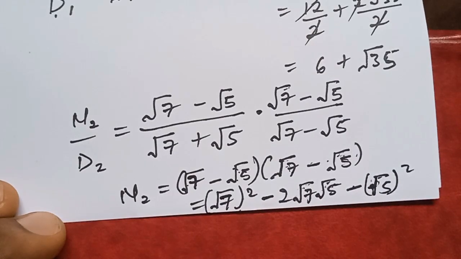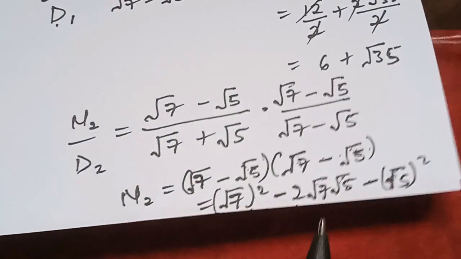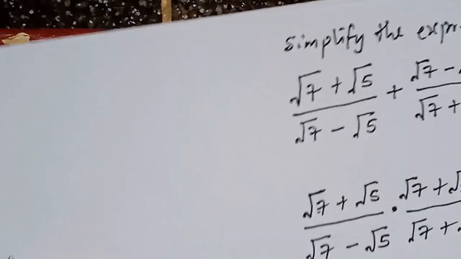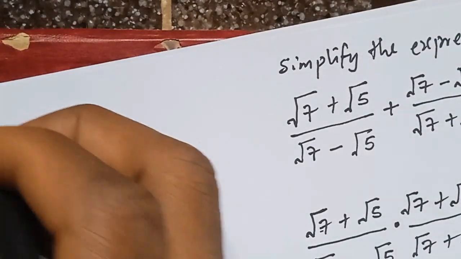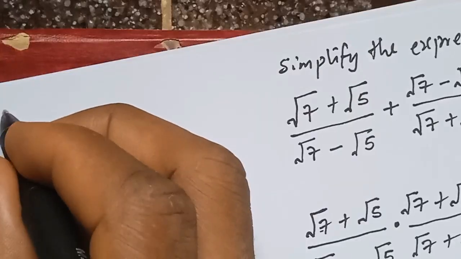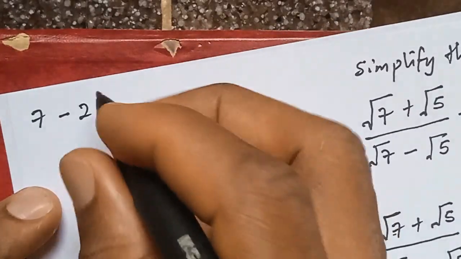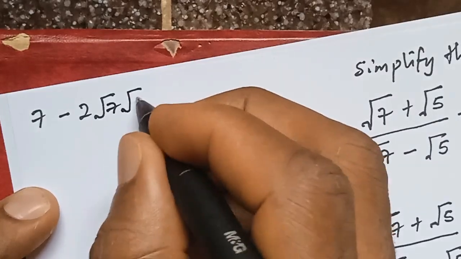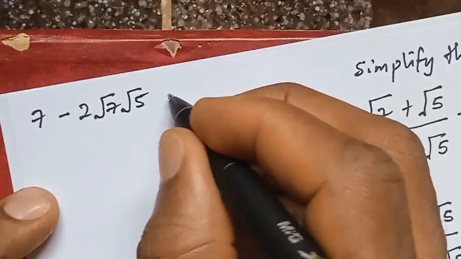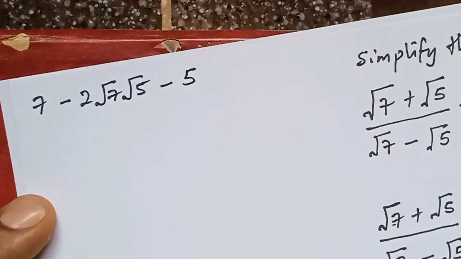Okay, this is what we arrive at. So this can further be expressed as 7 minus 2 square root of 7 square root of 5 minus 5. Okay, this is what we arrive at.